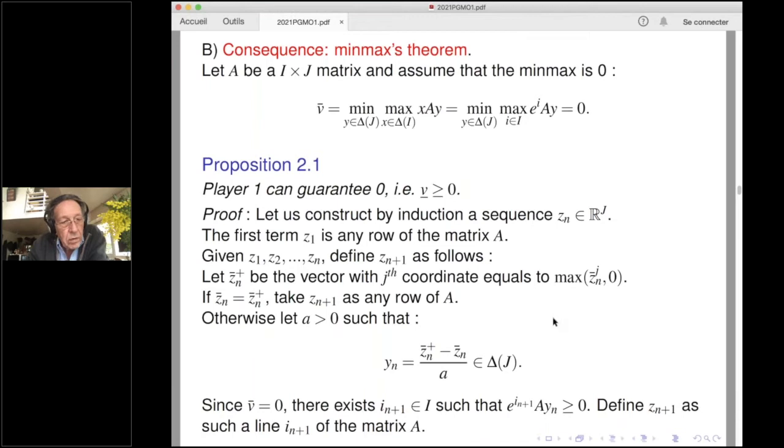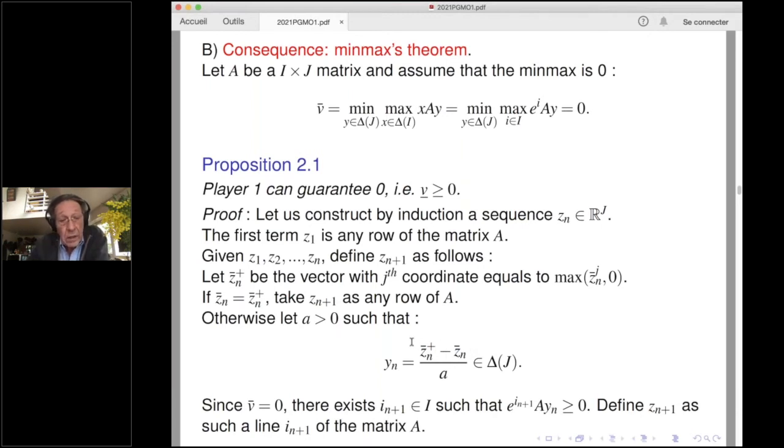If all components are positive, I take Zn plus 1 any row. Otherwise, I consider the components that are negative. So I consider Zn bar minus its positive part, this difference.